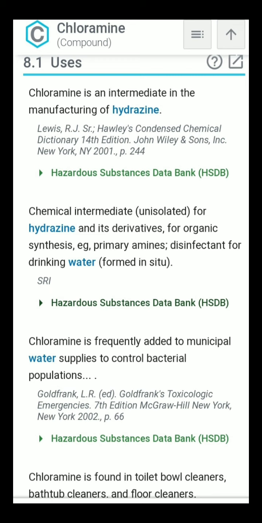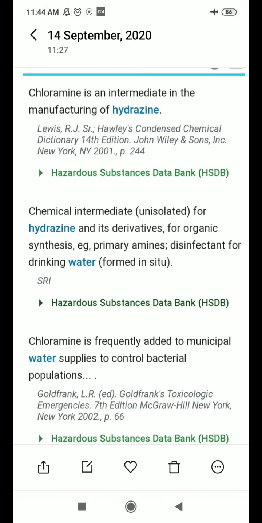We add 2 drops of chlorine, and this is used particularly to kill the microorganisms or bacteria present in the water, specifically drinking water.